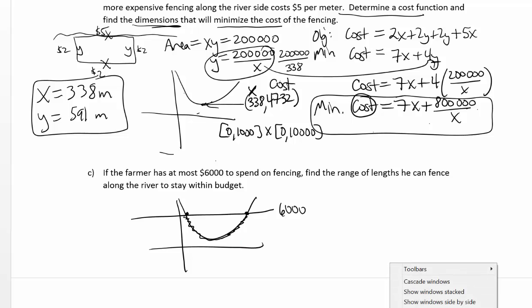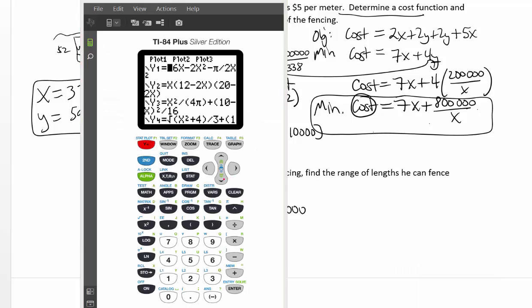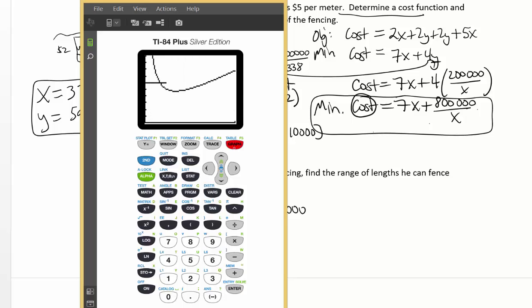So we can do all of this graphically by going to our calculator, and I already have my cost function turned on, and I'm going to add to that a horizontal line at 6,000. So I'm going to draw both of these at the same time, and I'm going to see where they intersect. And I shouldn't have to adjust my window dimensions. So if I can find these two intersection points, that will tell me the x's that I'm going to need to use to stay within my budget.